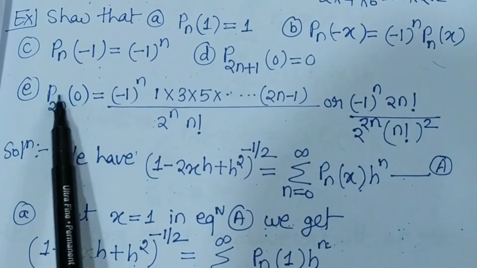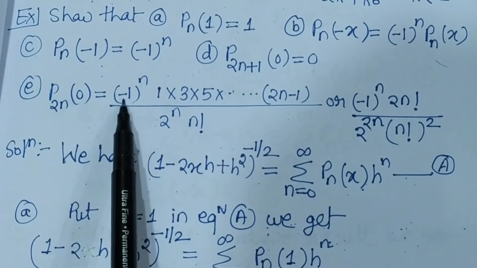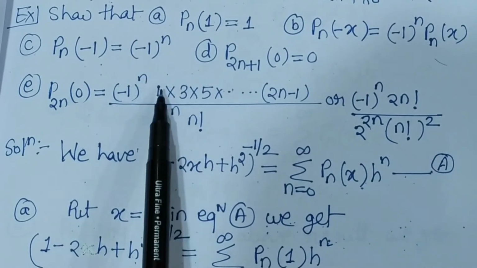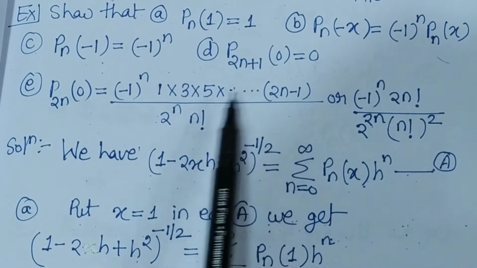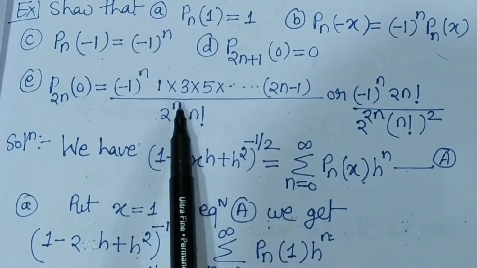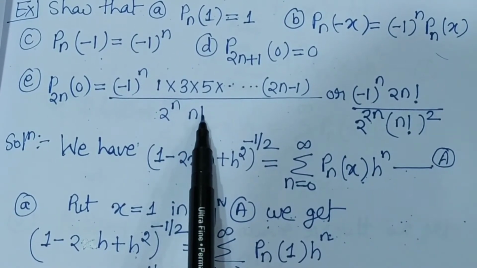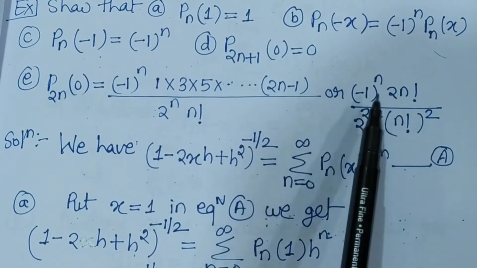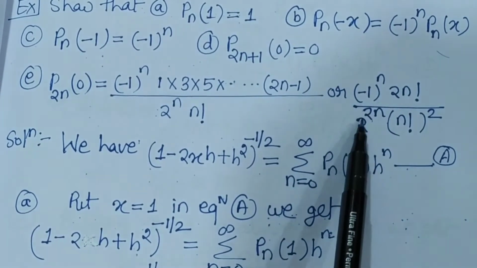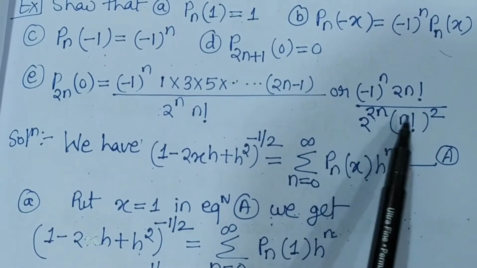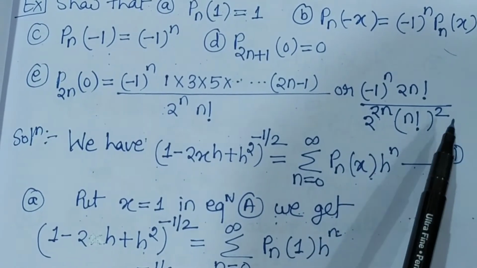And last, P2n(0) equals (minus 1) raised to n times 1 into 3 into 5 up to (2n minus 1) upon 2 raised to n into n factorial, or in other words, (minus 1) raised to n (2n) factorial upon 2 raised to 2n into (n factorial) squared.